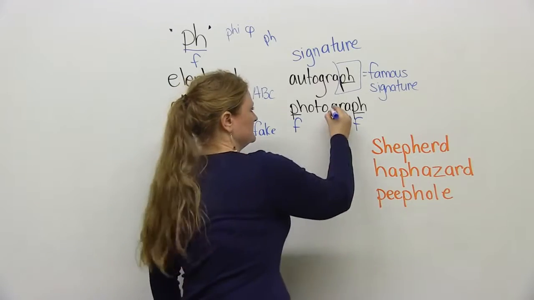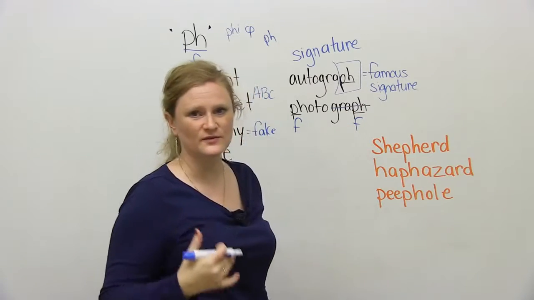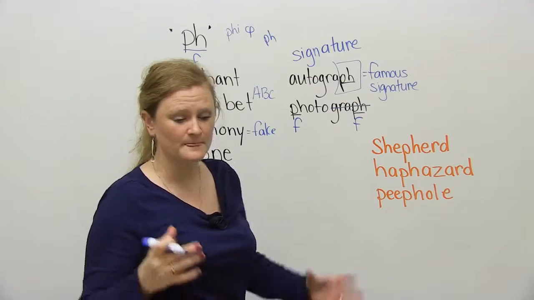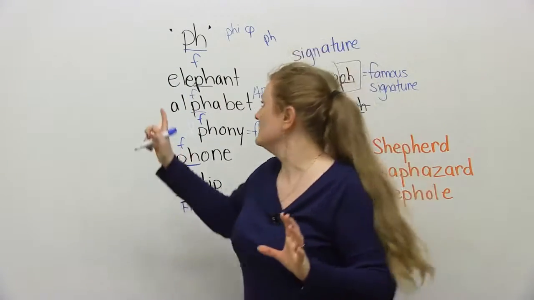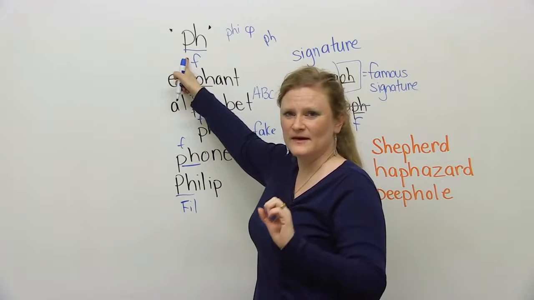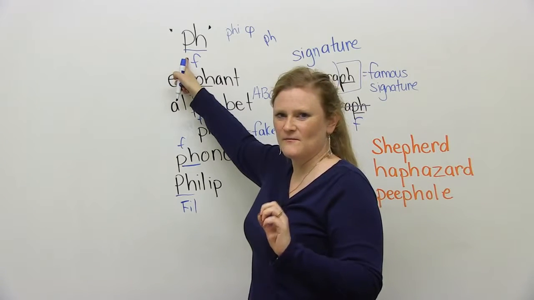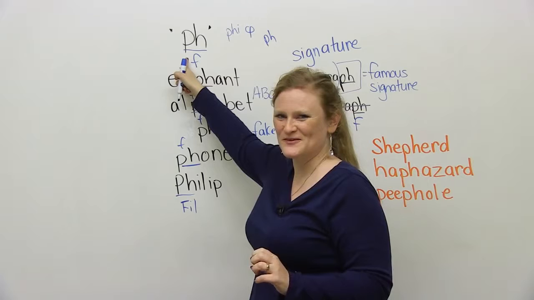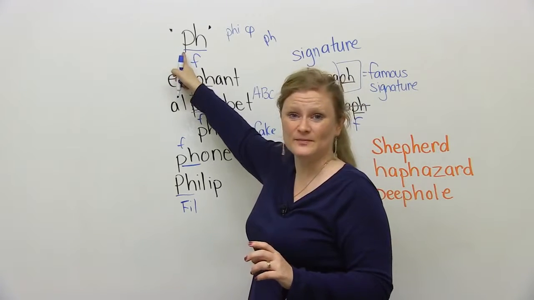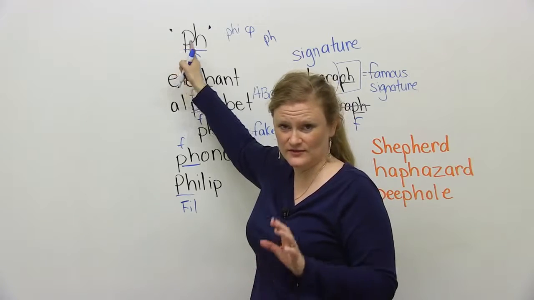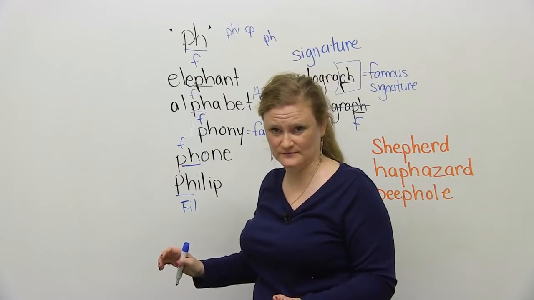Again, we usually just use the word photo. So when you are reading words in English, I would wager a bet that more than 42% of the time, more like 87, if you have a PH sound, it's going to make an F sound.